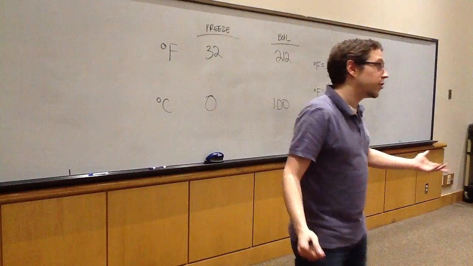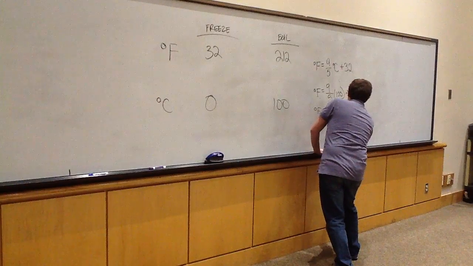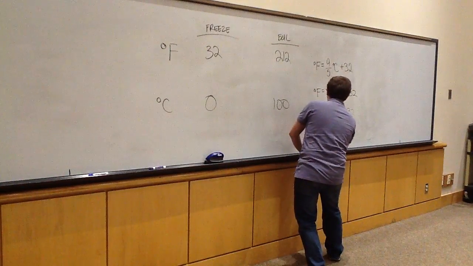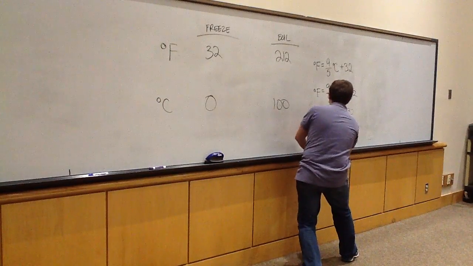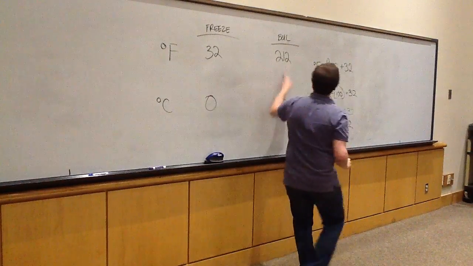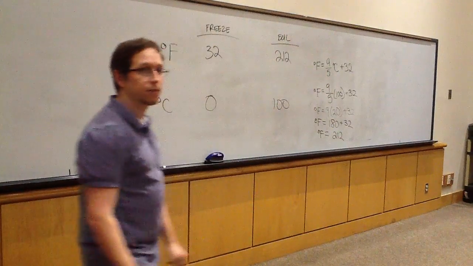So it's going to be 180 plus 32. And what do you know? When I add that together, it gives me 212 degrees Fahrenheit, which is exactly what I know to be the boiling temperature in degrees Fahrenheit.